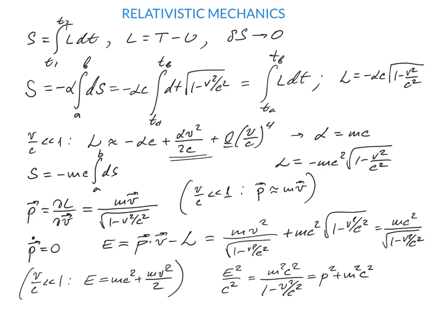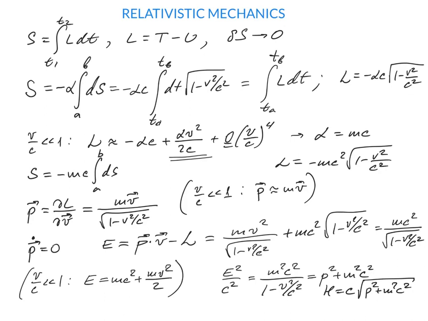So this is the connection between E and p, and using this we can write the Hamiltonian, which is the energy expressed in terms of the momentum, as c times square root p squared plus m squared c squared.